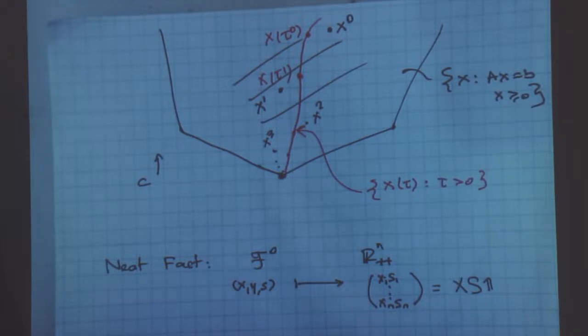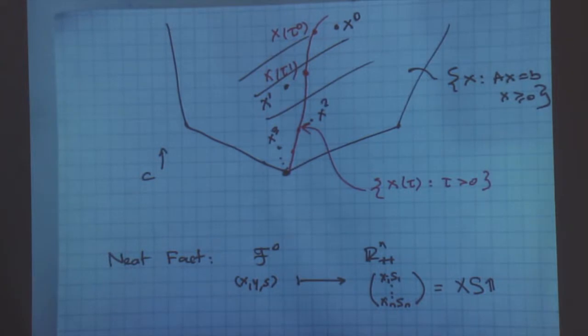Observe something completely straightforward, but that we're going to use. If x, y, s is a strictly feasible point, then the gap between the primal and the dual is, do you remember, a calculation we did a little bit earlier. Does anyone remember what that is? Let me refresh your memory.